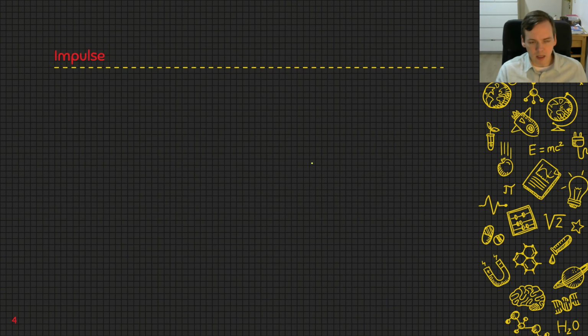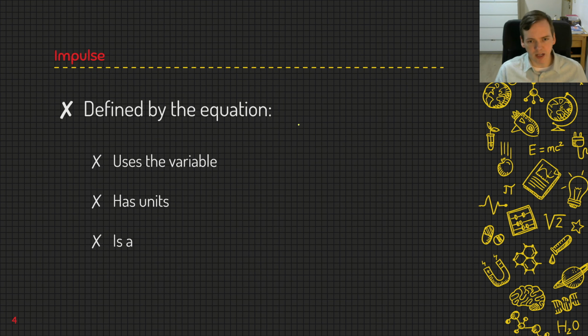Impulse is defined by the equation I equals net force times delta t.